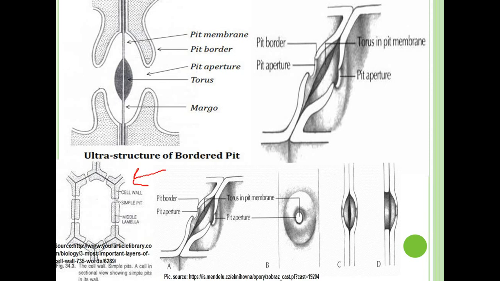Let's talk about simple pits briefly, which is in this diagram. See this tiny thing over here? It allows a transportation of materials within a cell. They are like that if you magnify it.